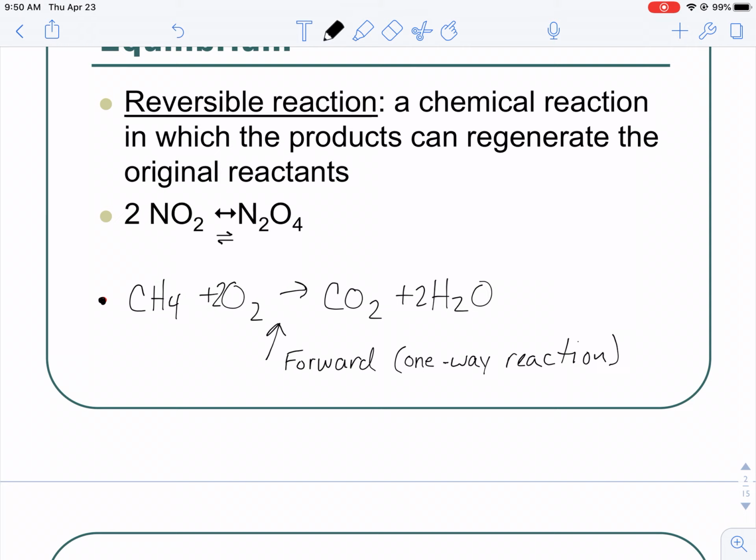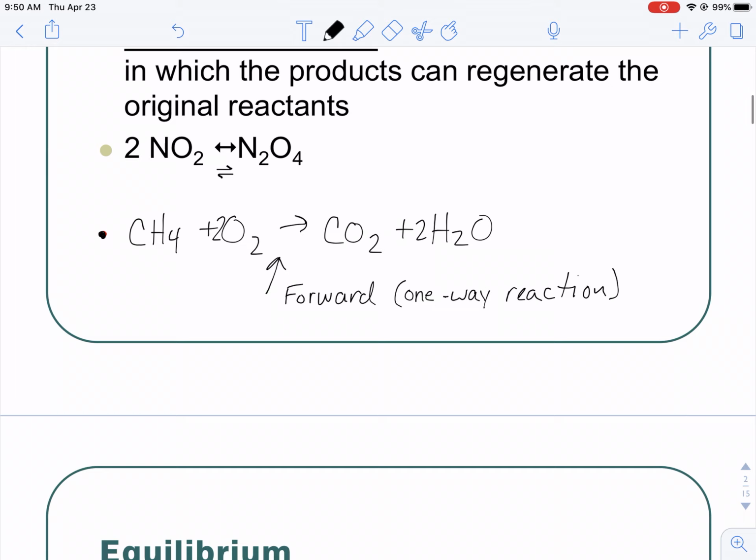So at any given time in that reaction, we have a certain amount of reactants and a certain amount of products. When that reaction reaches equilibrium, the amount of reactants going to products and the amount of products going to reactants stabilizes. And those molar amounts won't change in a reversible reaction. When that happens, we say that it is at equilibrium.